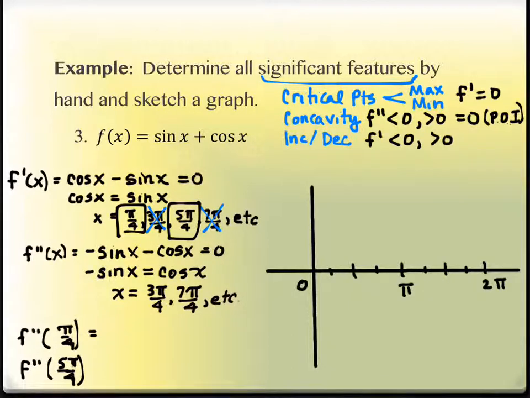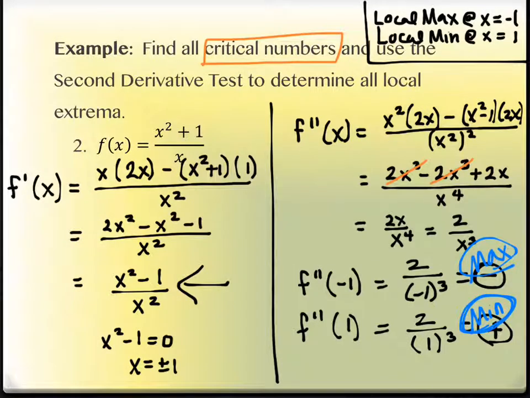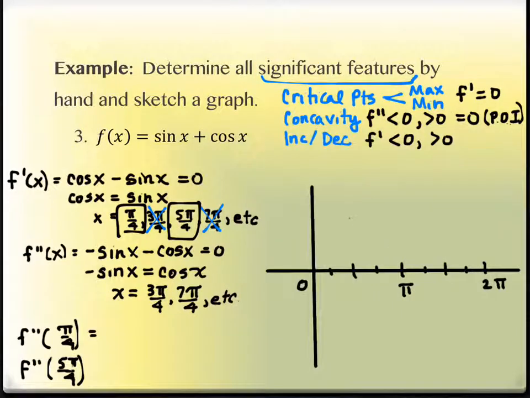All right, so let's take a look. Here is my second derivative. What happens when I plug in pi over 4? First of all, do I care about what value I get? Not really. What do I care about? The sign, is it positive or negative?